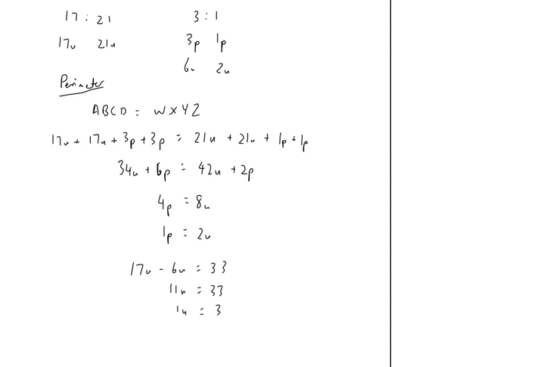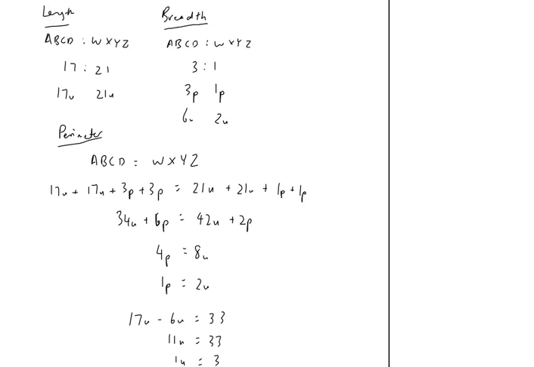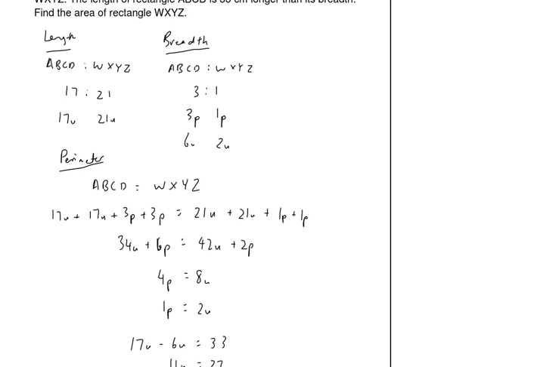But what is the question asking for? They are asking for the area of WXYZ. To find the area of WXYZ, I will need the length of WXYZ and the breadth of WXYZ, right? So now, I need to find the length and breadth of WXYZ. And we know that the length of WXYZ is 21 units, right?